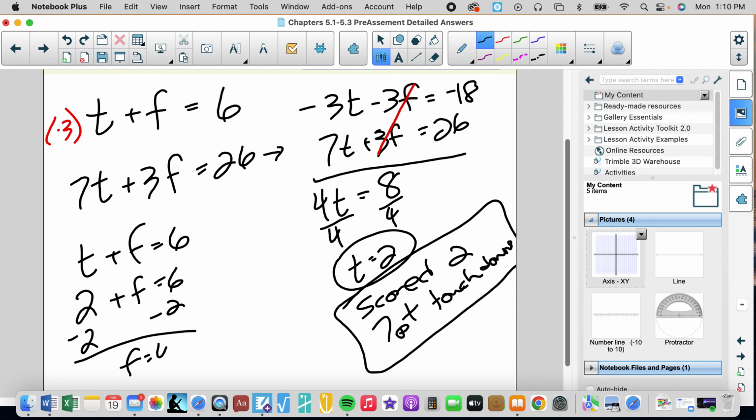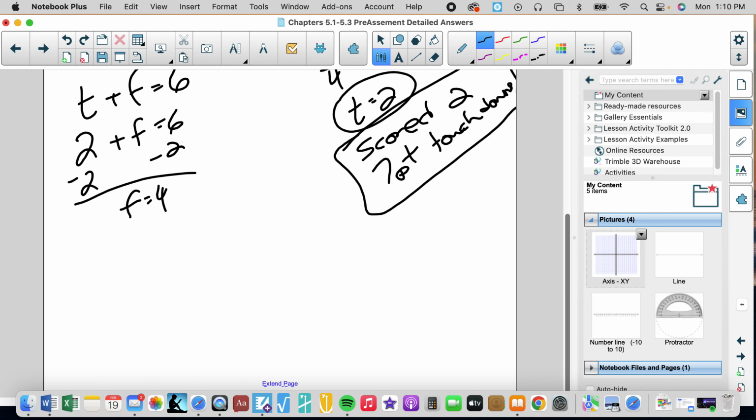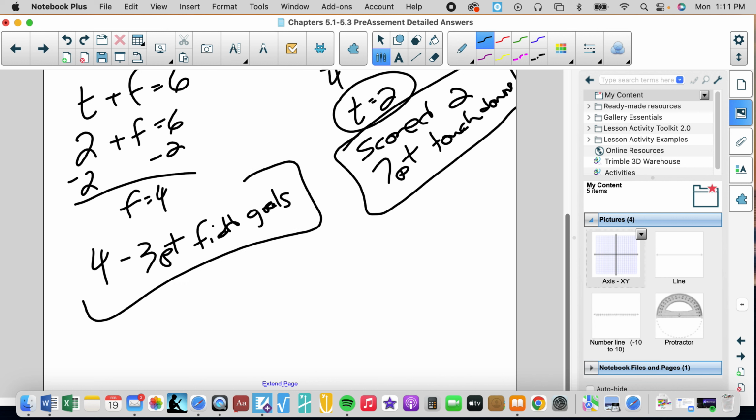I scored 4 field goals and 4 3-point field goals. I like that. Scored 2 7-pointers, 2 touchdowns, 4 field goals.